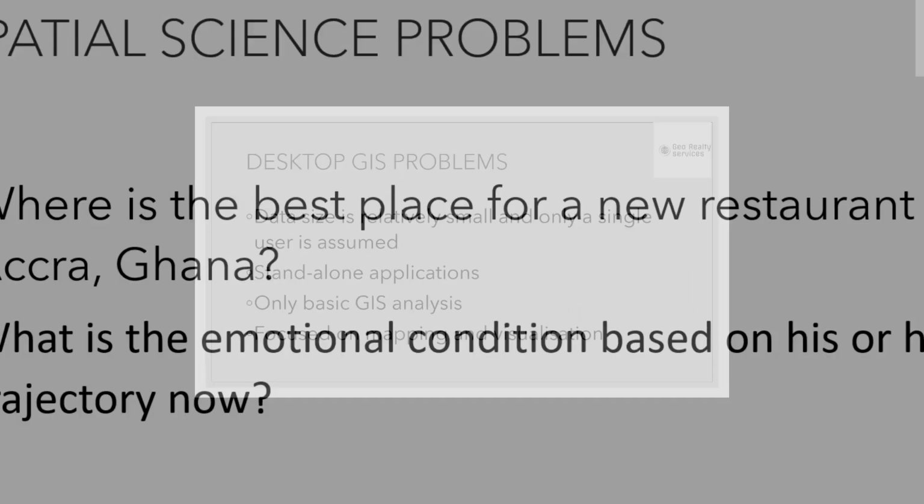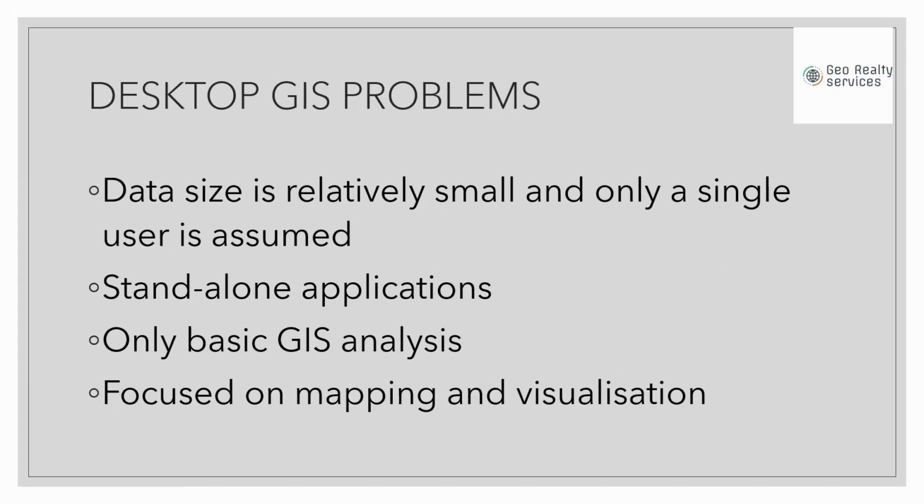The first category of spatial data science problem is named desktop GIS or single user GIS. As mentioned before, GIS can deal with almost all aspects of spatial data science so that it can handle spatial data science problems by itself. Spatial data science problems with desktop GIS will be characterized by the following.